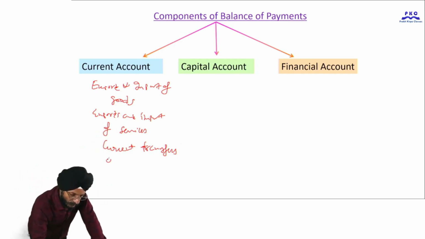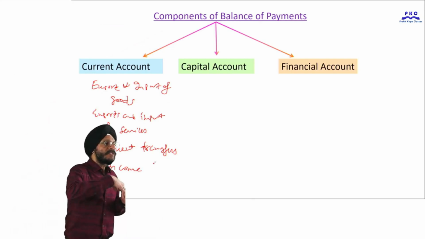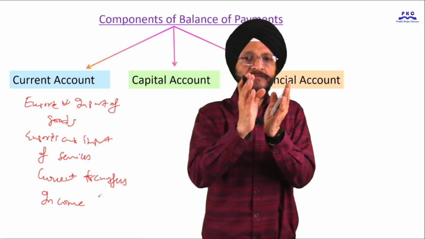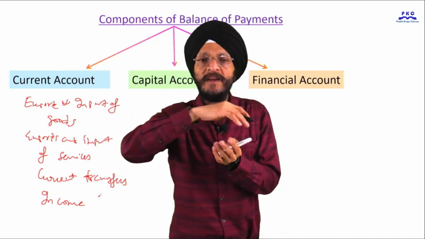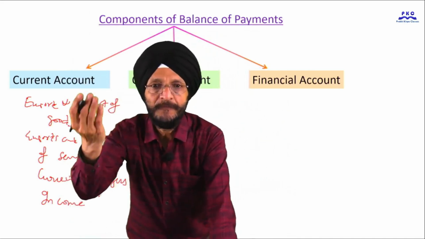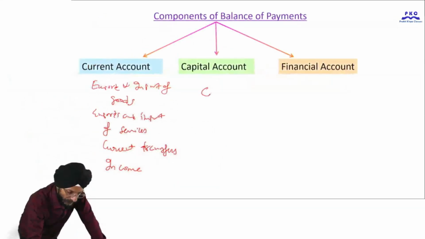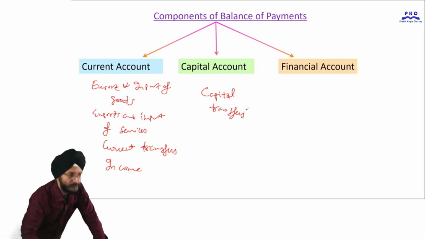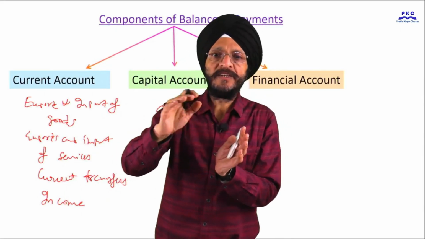Then we here also take into consideration income which is earned in the form of rents or interest for investments made abroad, that is income which is received from abroad. Here we take into consideration the transactions related to the capital transfers or sale and purchase, or the transactions related to the capital assets.